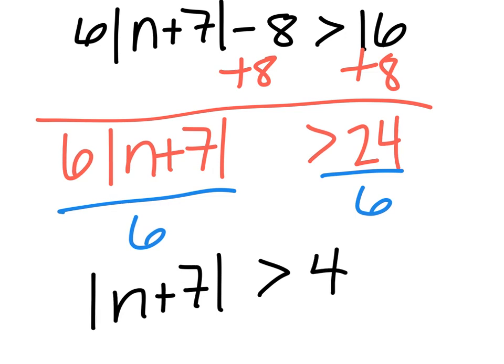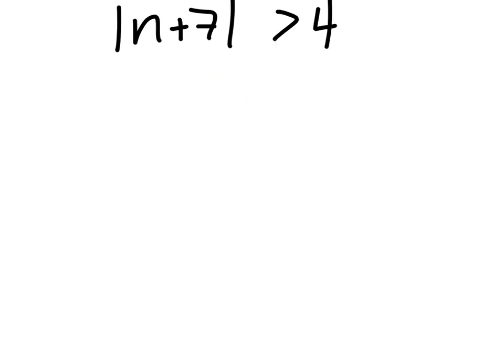This means we have some absolute value that is 4 spaces. We want all the numbers that are going to cause it to be more than 4 spaces away from 0. Okay, now to get rid of the absolute value sticks, we're going to have to think of those 4 spaces. If I need to be 4 spaces from 0, it could be a -4, so I'll say -4 off to the left.